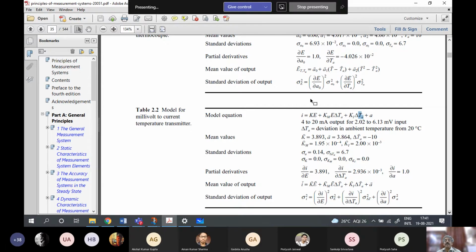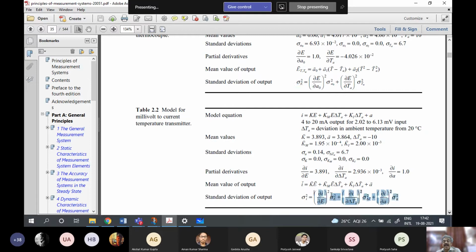Initially you started with this and calculated the possible variations in millivolts for a given temperature. Now if you connect that thermocouple to a current transmitter, you do the same analysis.